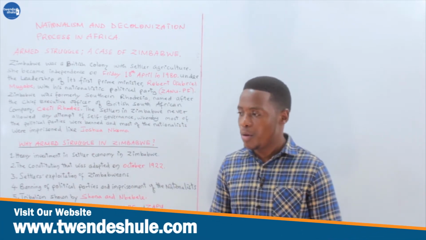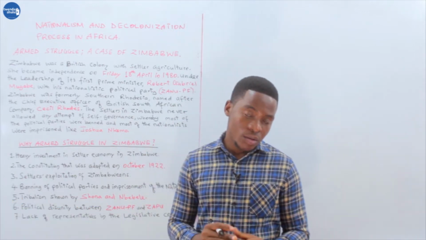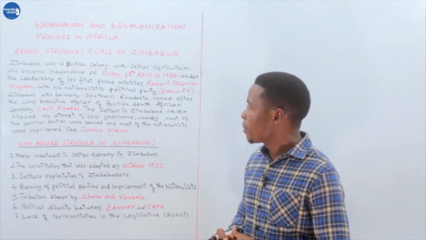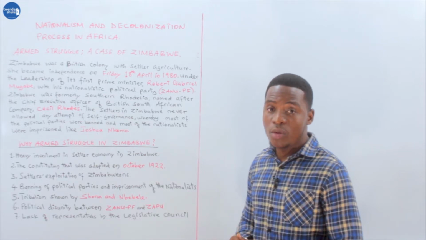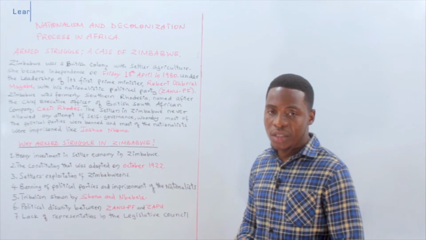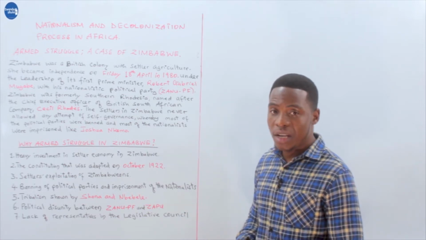Zimbabwe was a British colony with settler agriculture. Throughout, Zimbabwe was dominated by the British, who established settler agriculture.